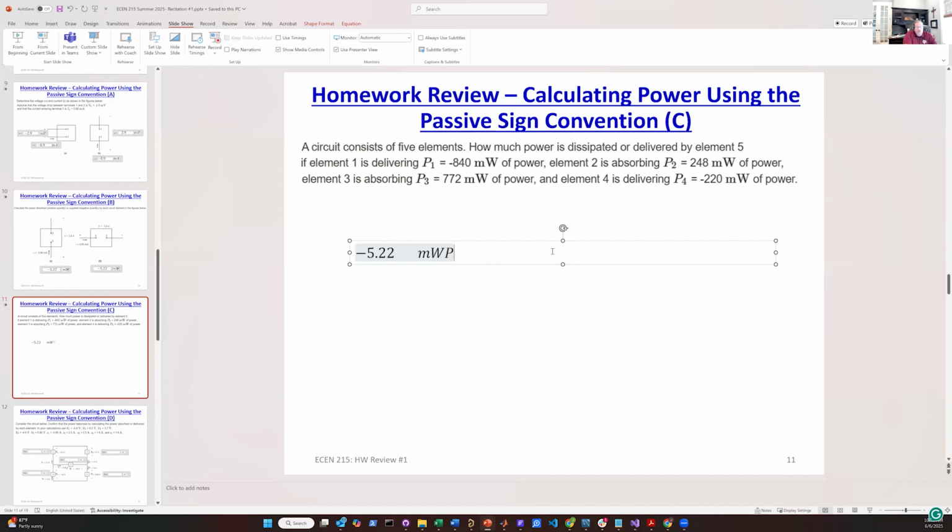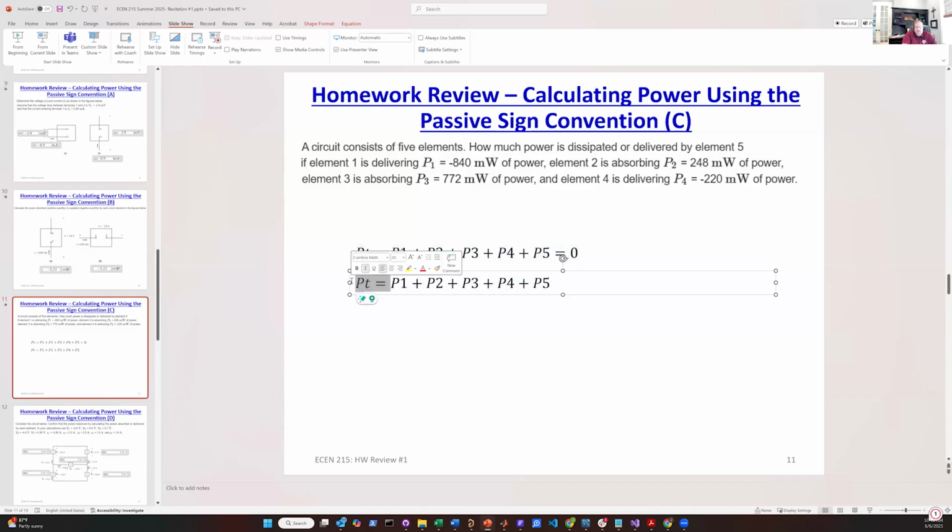So we end up with power total is equal to P1 plus P2, P3 plus P4 plus P5. So that's what we know, and we're told what all of these values are, and we're needing to solve. And of course, PT must, in the end, the total sum of all of this must be equal to zero.